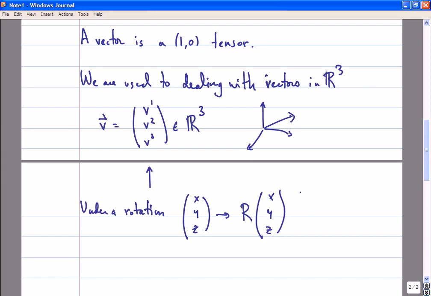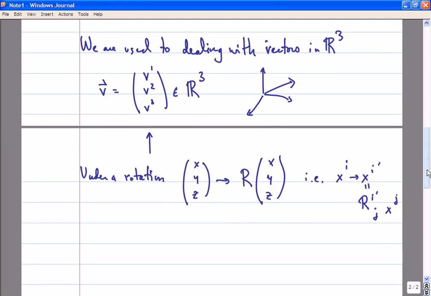So what do we mean by that? So using Einstein summation notation, we would write that as x^i going to some x^i prime, which are equal to R^i'_j x^j, where R^i'_j is the set of 9 quantities that make up the 3x3 rotation matrix.